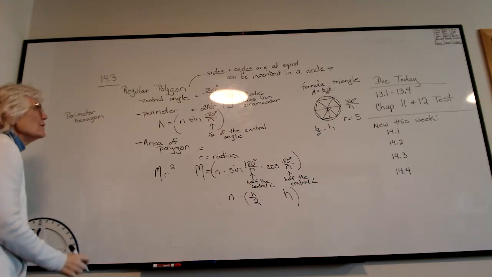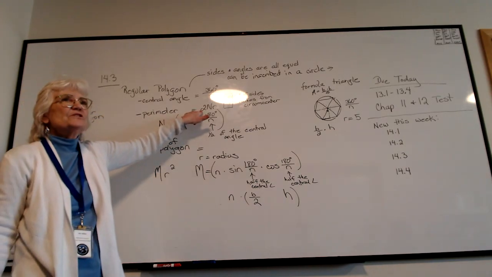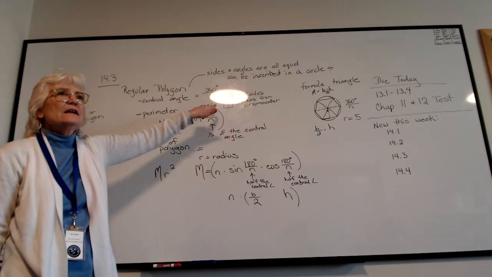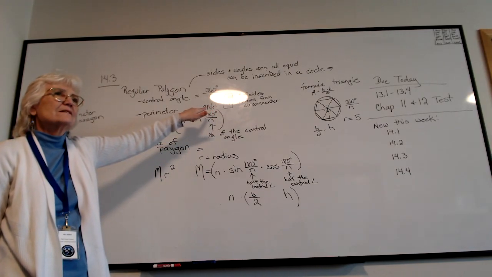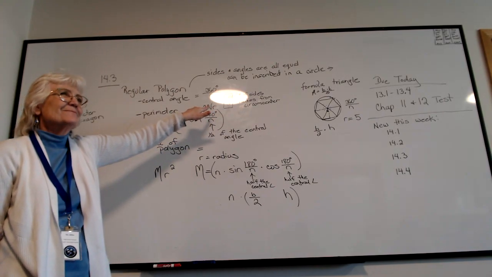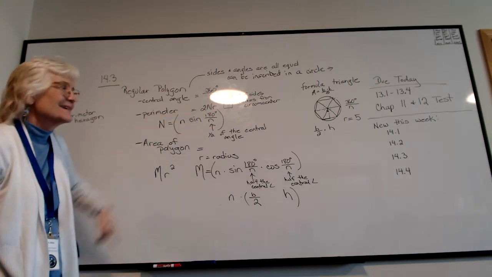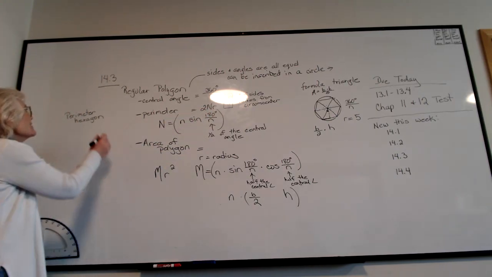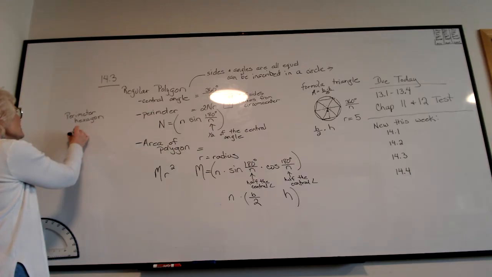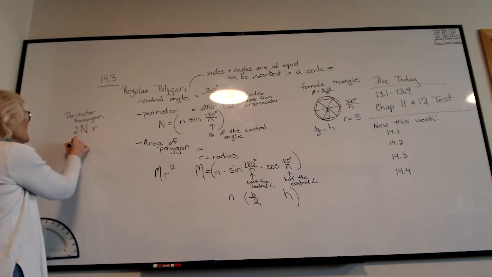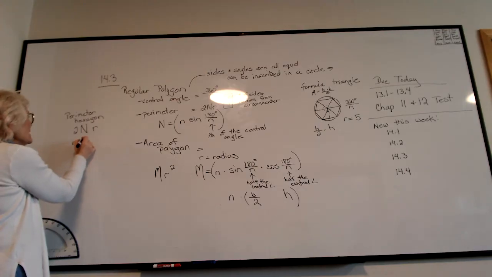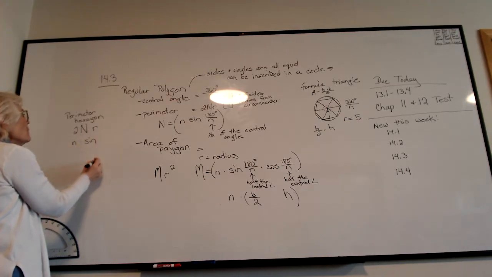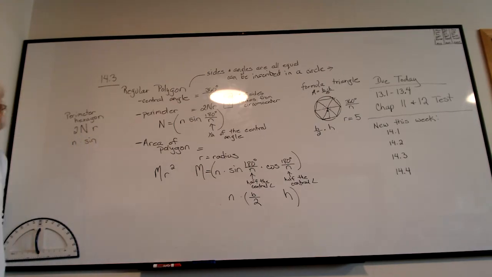So the perimeter is going to be 2nR, n times the sine. What is the degree of the angle?